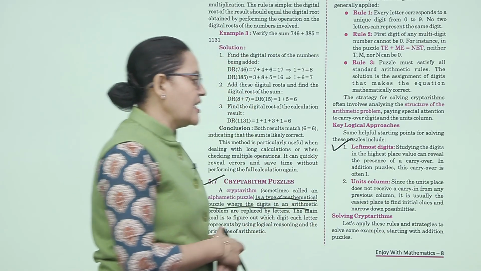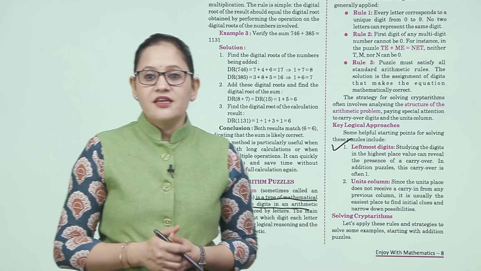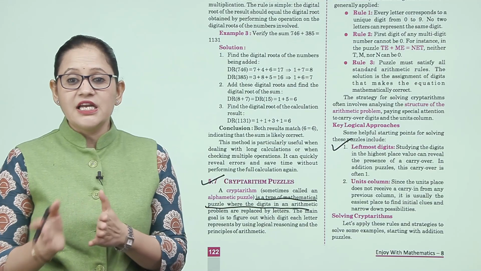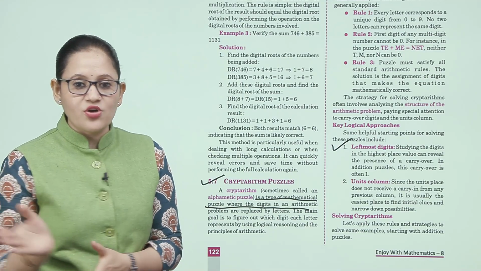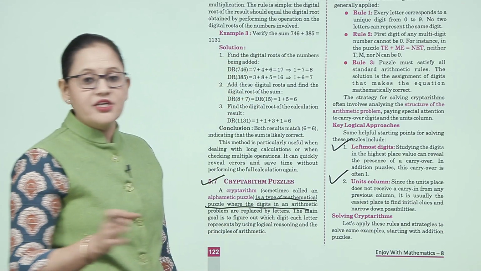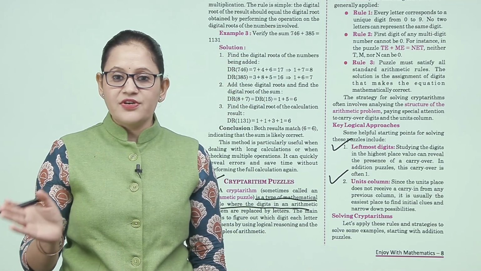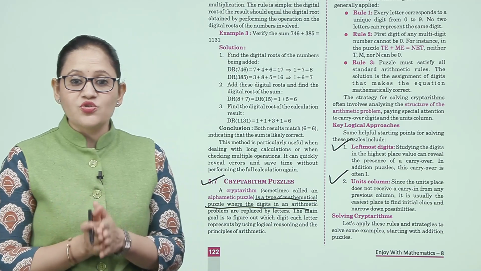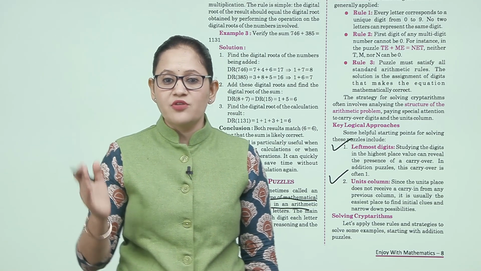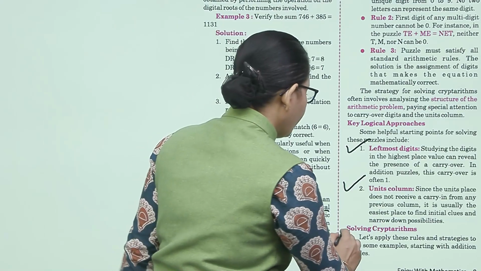Studying the digit in the highest place value can reveal the presence of a carryover. In addition puzzles, the carryover is often 1. Unit column: since the unit place does not receive a carry from any previous column, it is usually the easiest place to find initial clues and narrow down possibilities. Solving cryptarithms.